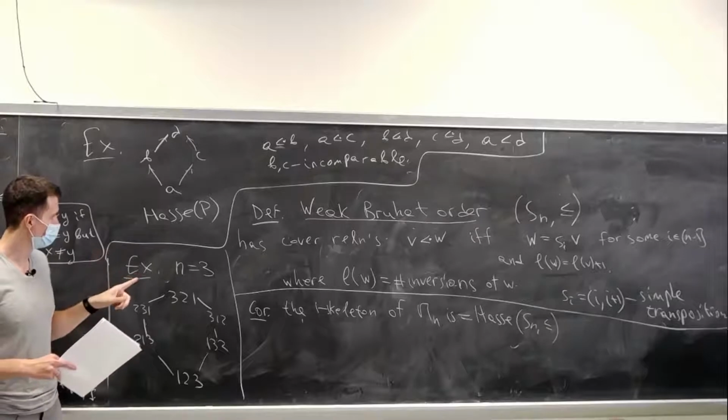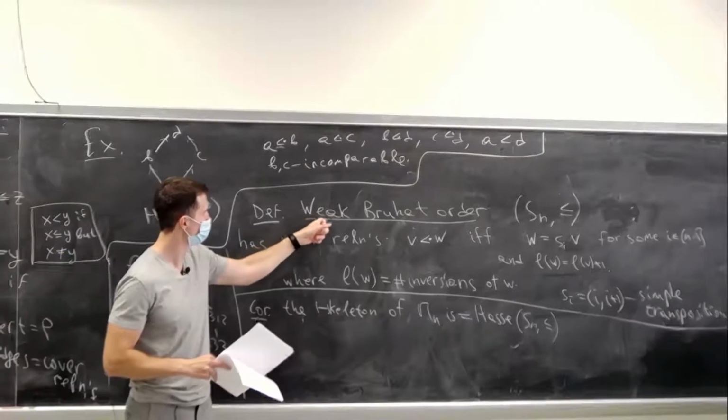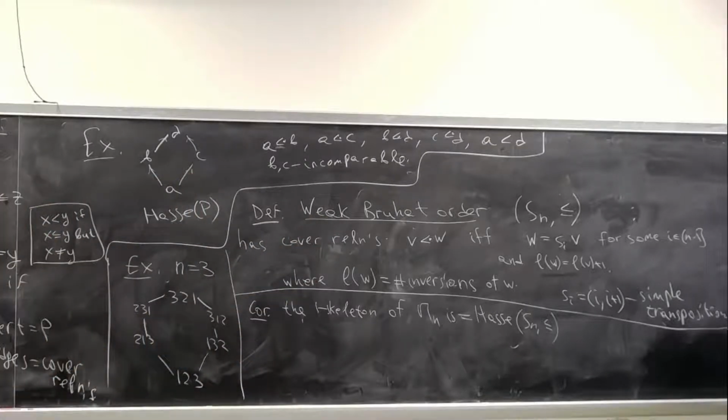And while I'm here, let me justify the weak. Why is it called the weak Bruhat order? Because if you go and read some papers, you're going to discover that there is something called the strong Bruhat order, or even if people say just the Bruhat order, they mean something different.